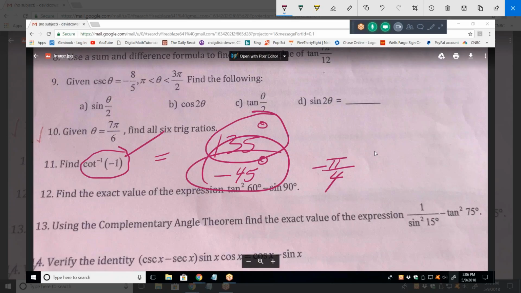Now, the question is, let me do inverse tangent of -1. Notice what I get. You get negative 45 degrees, right?